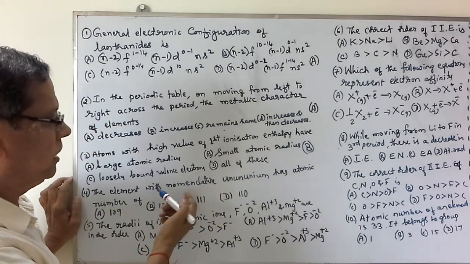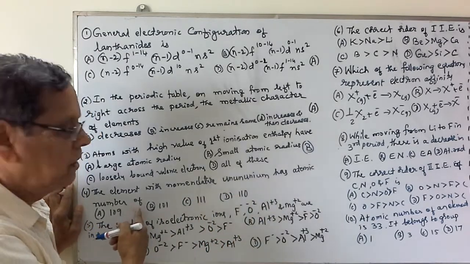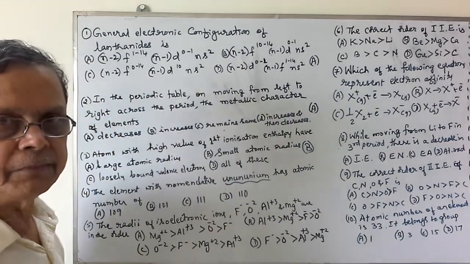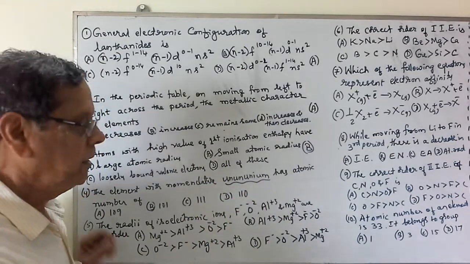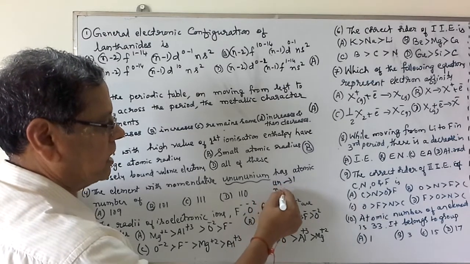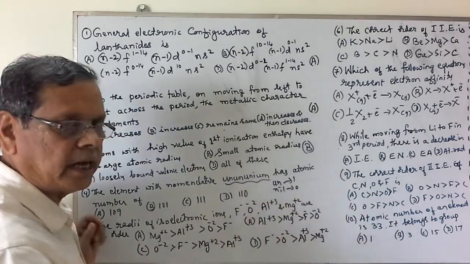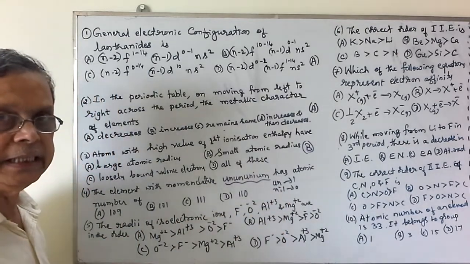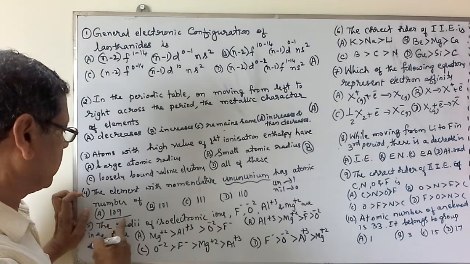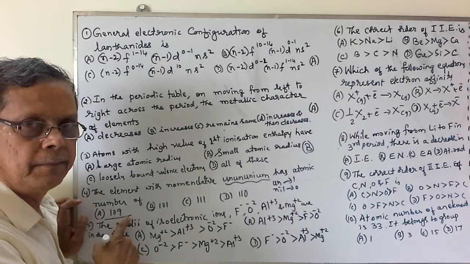The element with the nomenclature unnilunium has an atomic number of... So this is the IUPAC nomenclature of the elements having atomic numbers more than 100. Here, un stands for 1, nil stands for 0, and enn stands for 9. If the atomic number is 109, we name it unnilennium.